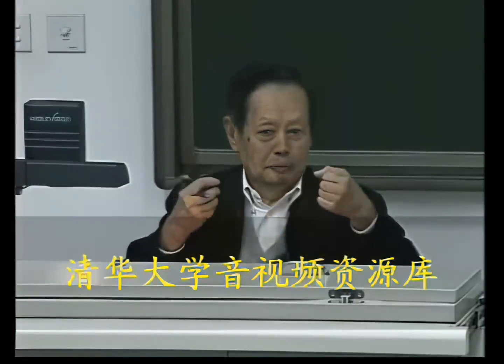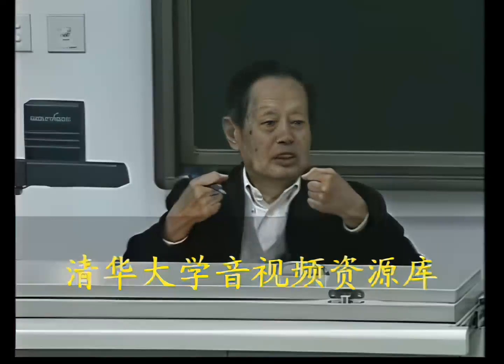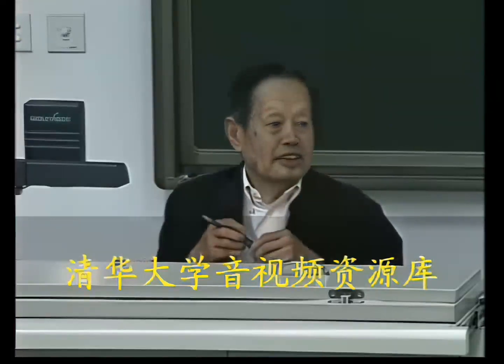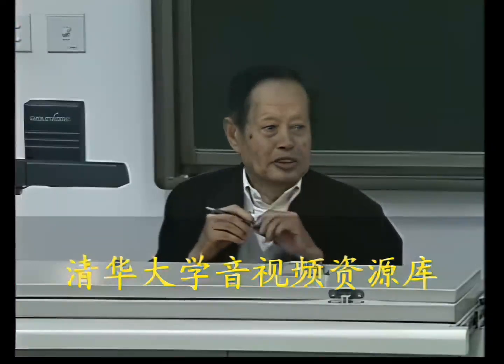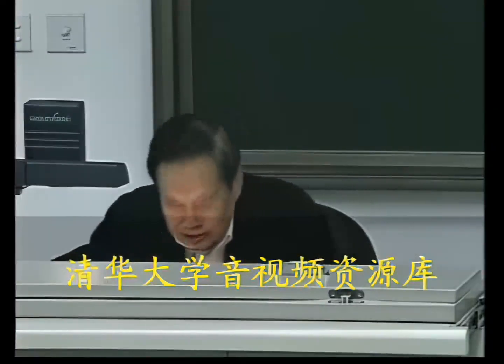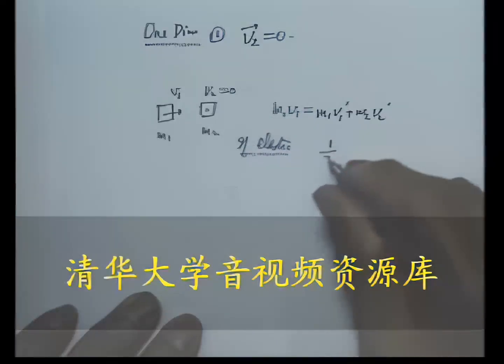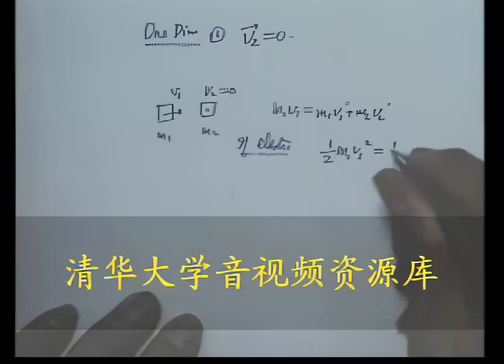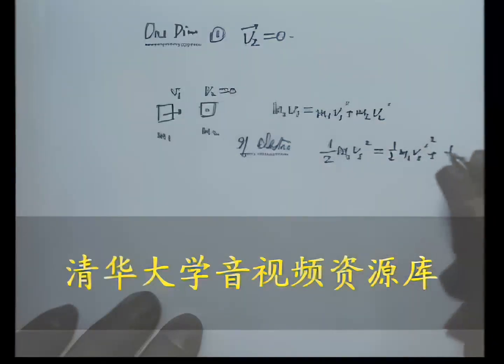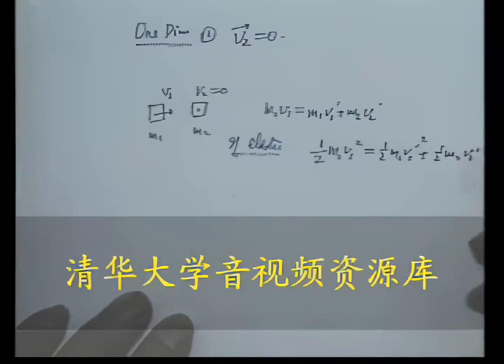But if it's two mud balls, then they might even stick together, so it's inelastic. Now let us talk about the billiard ball case, the elastic case. If it's elastic, then the total energy is conserved. So we have 1/2 M1 V1 squared is equal to 1/2 M1 V1 prime squared plus 1/2 M2 V2 prime squared.